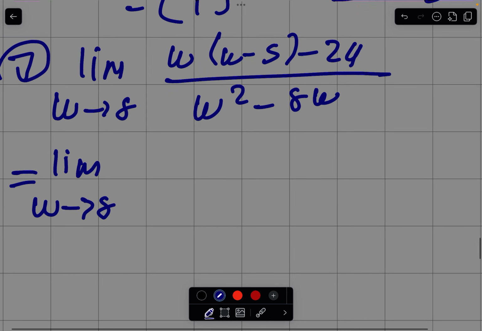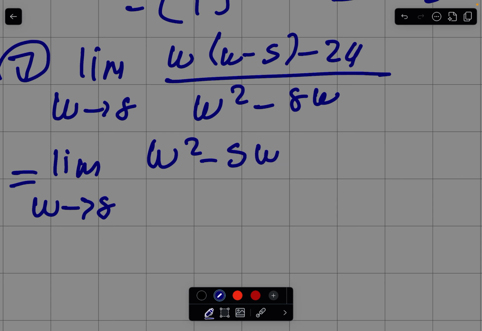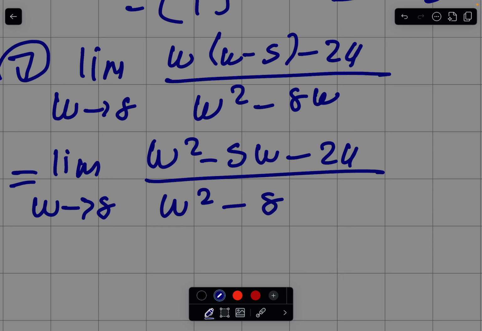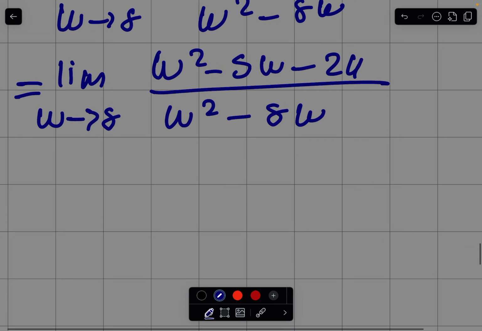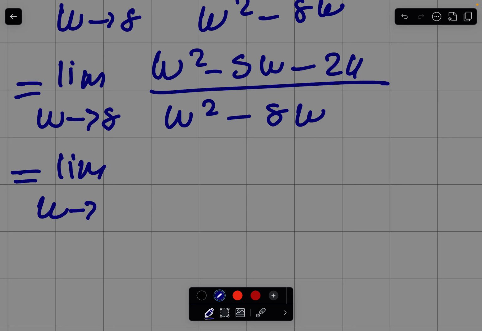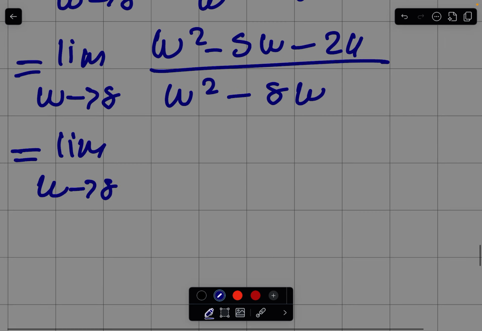Therefore, we're going to multiply the brackets. Since we substitute to get undefined, we get w squared minus 5w minus 24, all divided by w squared minus 8w. The limit as w approaches 8.